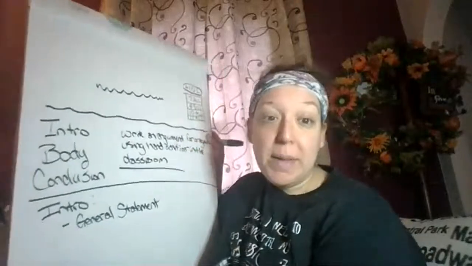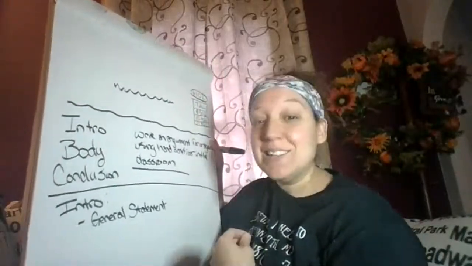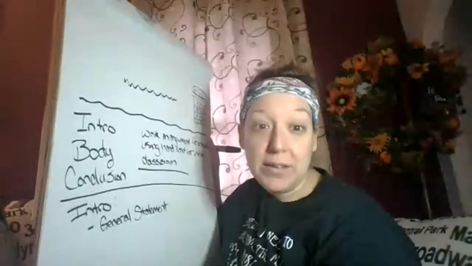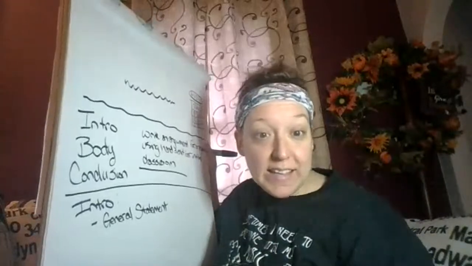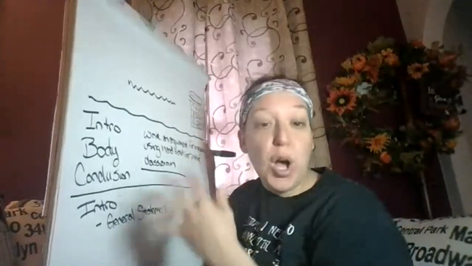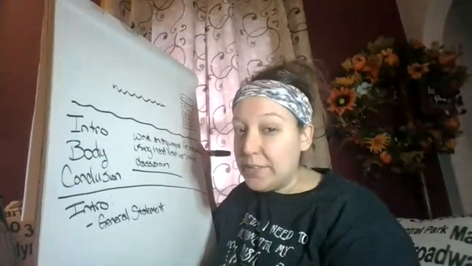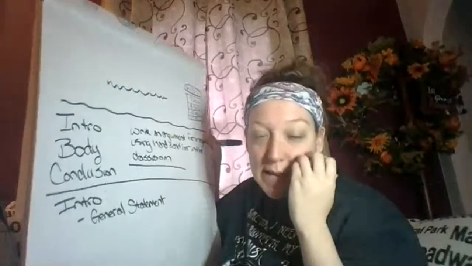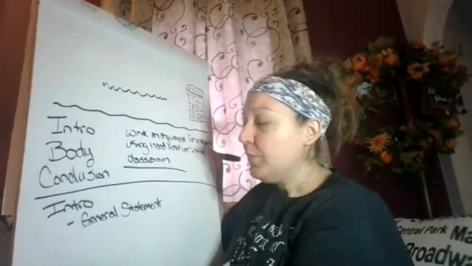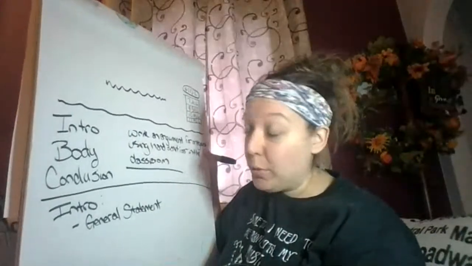So for instance, if I made a general statement about hand sanitizer, it would be that hand sanitizer can be found in many places that you see every day. That's the sentence. It's a broad general statement. It's not saying one side or the other of whether or not I'm for or against hand sanitizer in the classroom. It's just a big, broad statement that says hand sanitizer can be found everywhere.